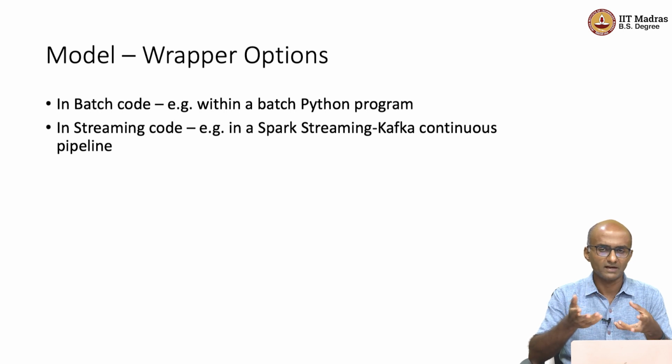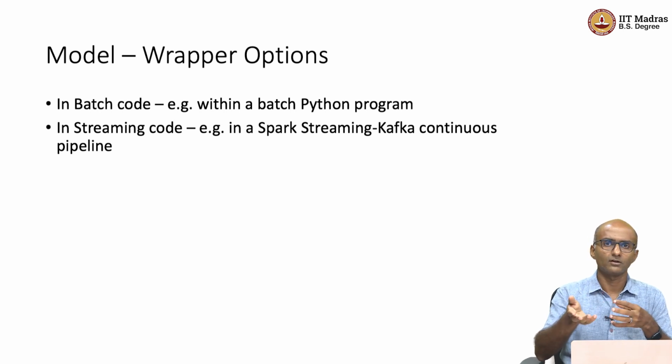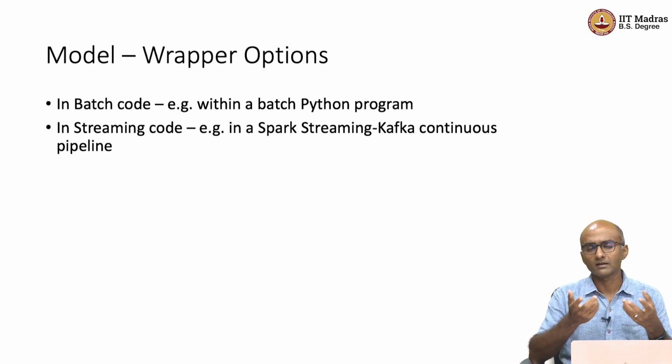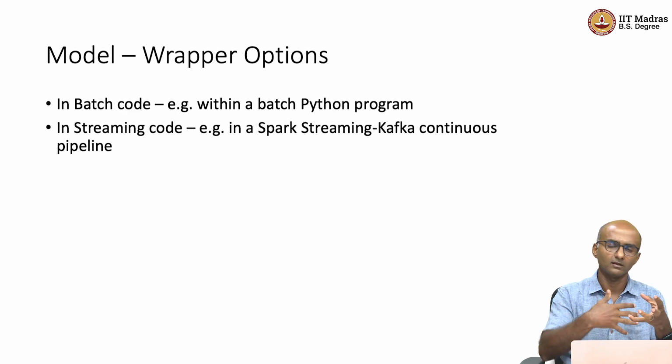So the example of a batch Python program is similar to the unit testing that we did as part of the CI setup for the first time in CML. That's a good example because it's just a Python program that read a joblib file and then executed it.